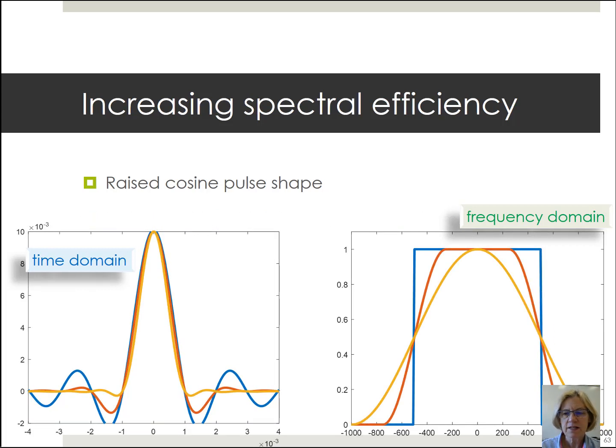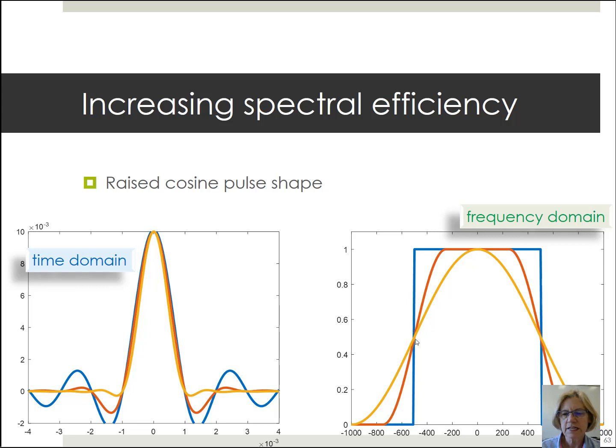So this is a graphic that shows you the range of possibilities for the raised cosine pulse shape. In the time domain, for instance, how isolated the main lobe is, how important the side lobes are. And in the frequency domain, the trade-off quantified in terms of excess bandwidth.